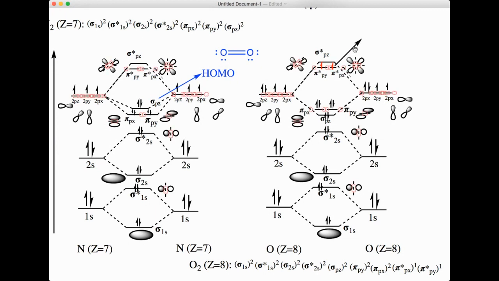These are the highest occupied molecular orbitals, the pi antibonding.